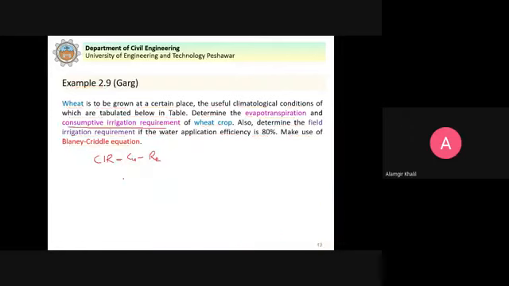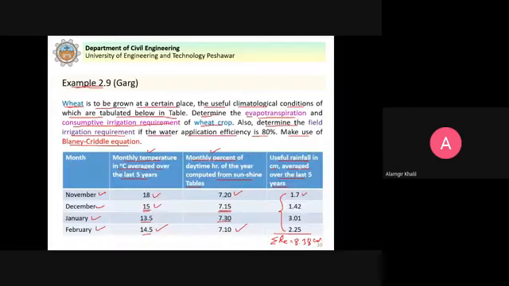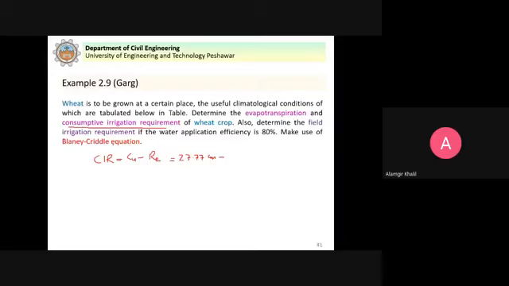So we have the consumptive use that we just calculated, 27.77 centimeter, and we have this effective rainfall, 8.38 centimeter.